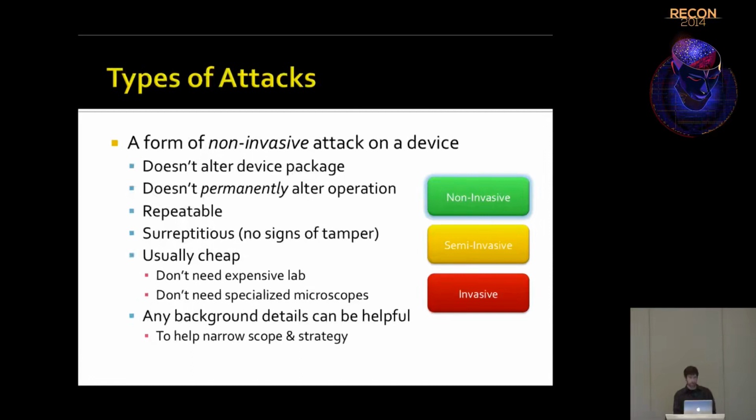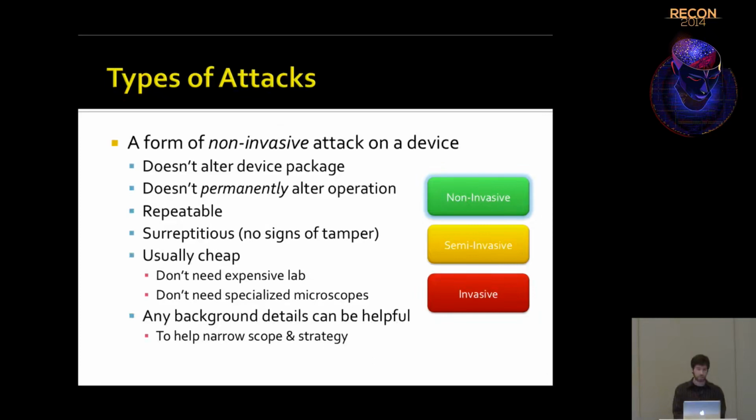So basically, there are three classes of attacks on the little traffic light picture on the right: non-invasive, semi-invasive, and invasive. Glitching is considered non-invasive, principally because it doesn't alter the device package physically, so you're not milling the epoxy or melting it down or decapping or anything like that.